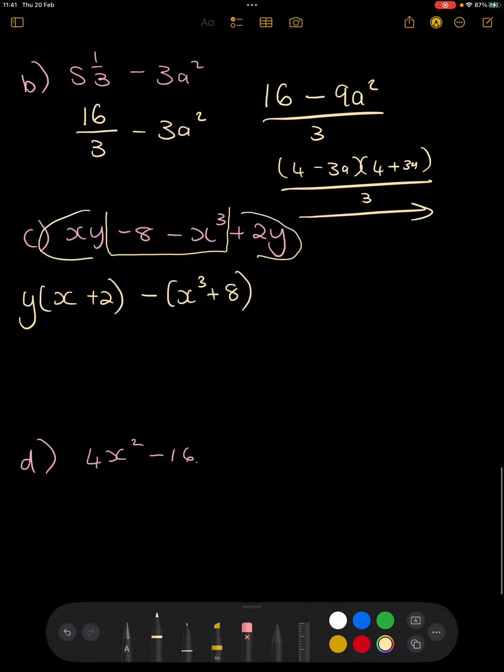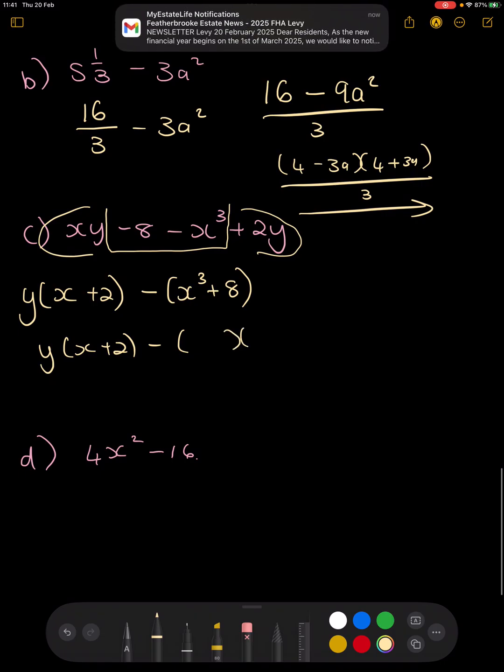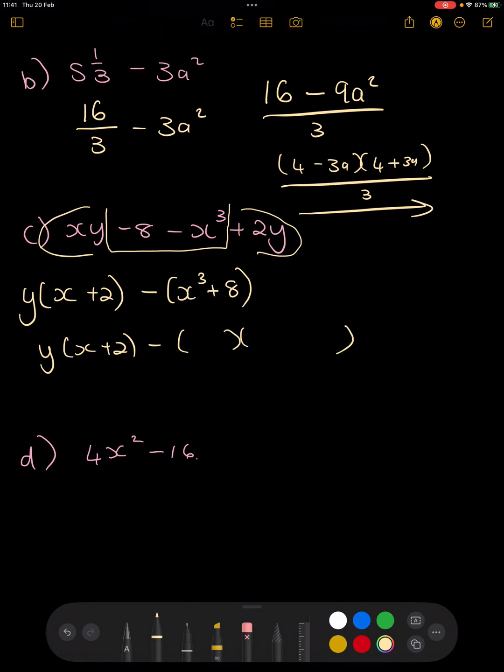So this is obviously a SOAP one there, so I can write my small bracket, then my big bracket. We've got x plus 2 over here, then we've got x squared minus 2x plus 4, because remember it's always same, opposite, always positive. So there we have that.